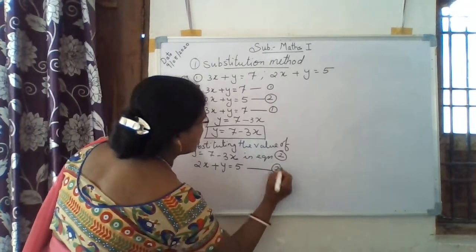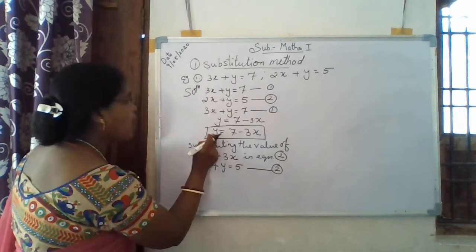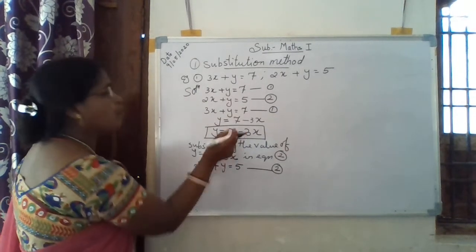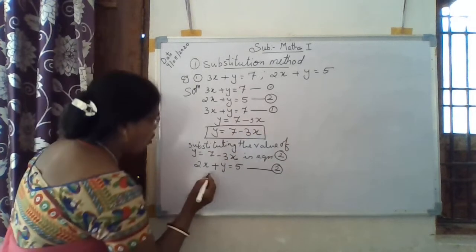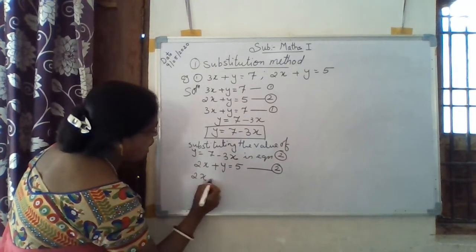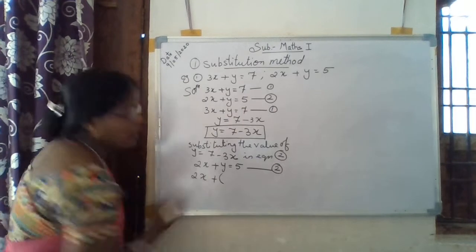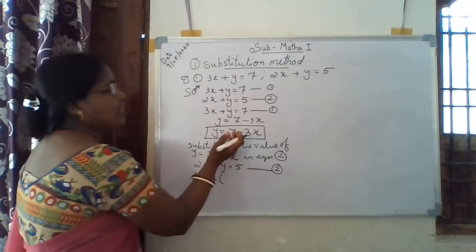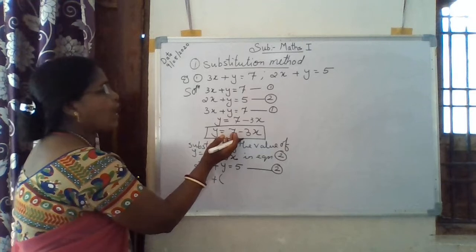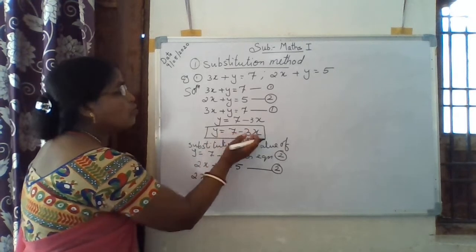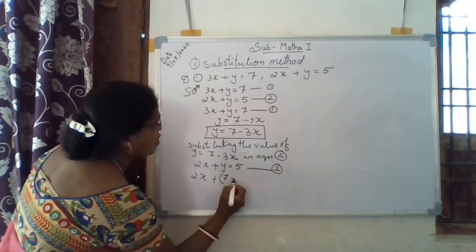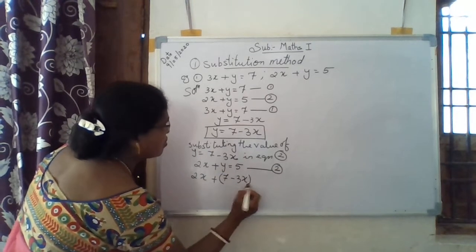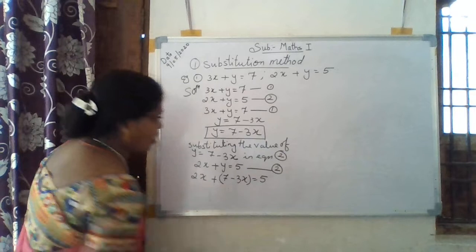This is equation 2. So where y is there, you have to substitute 7 minus 3x, the value of y. So 2x plus, put it in the bracket because y has got 2 terms, so put it in the bracket, 7 minus 3x, that is equal to 5.